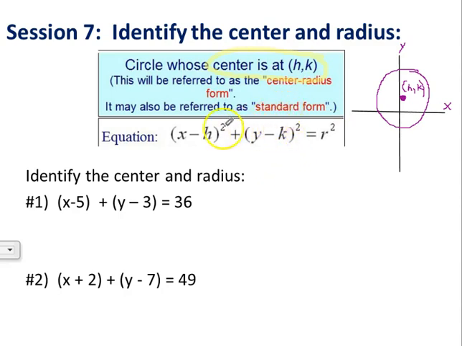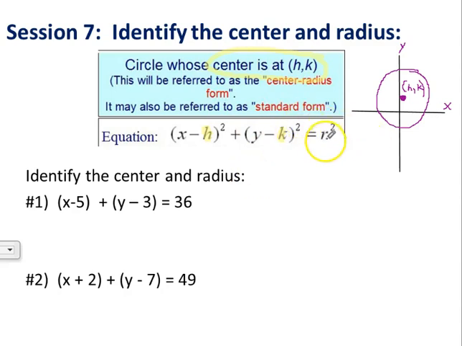So again, h and k are going to represent your center. So in the general form, it's always minus. In this case, the minus doesn't necessarily belong to the (h, k), the center. We're going to look at an example below here.